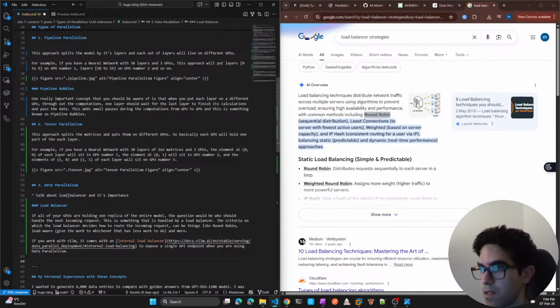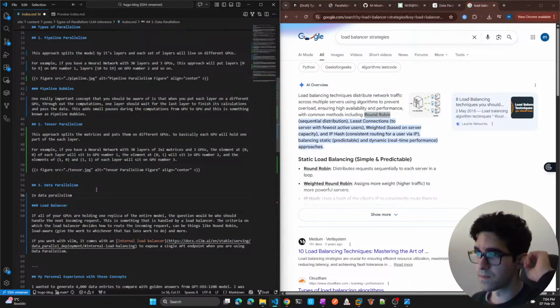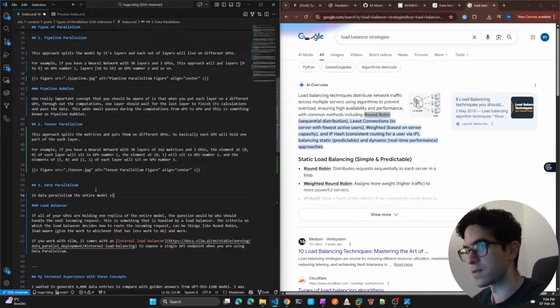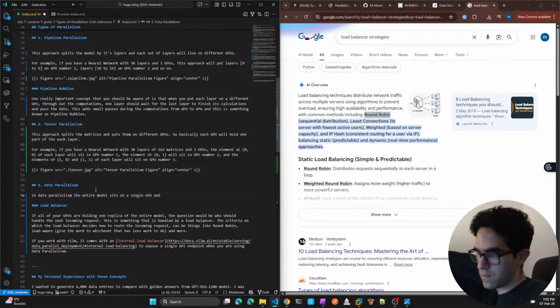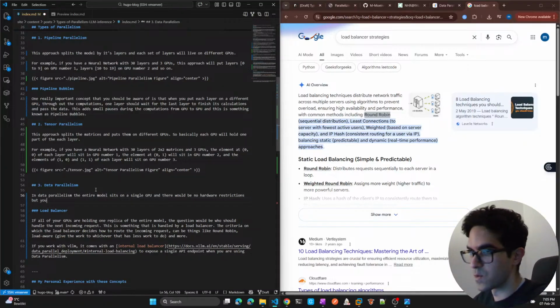With data parallelism, the entire model sits on a single GPU, and there would be no hardware restrictions, but you probably only want to increase your throughput.